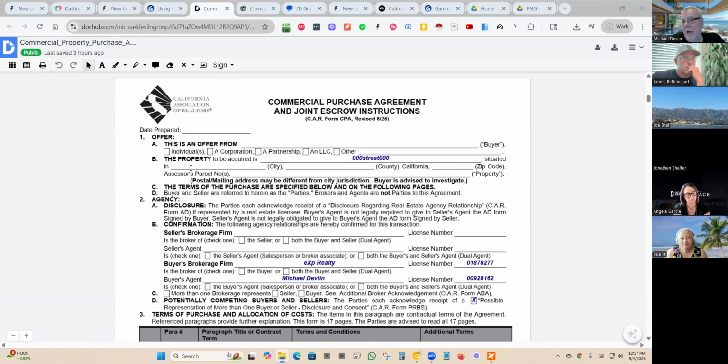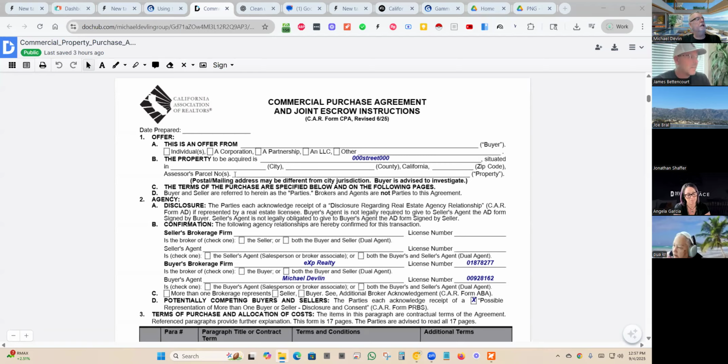Right? That's the attitude. Whereas the AIR doesn't make residential forms. They only make commercial forms. You see the snobbery.